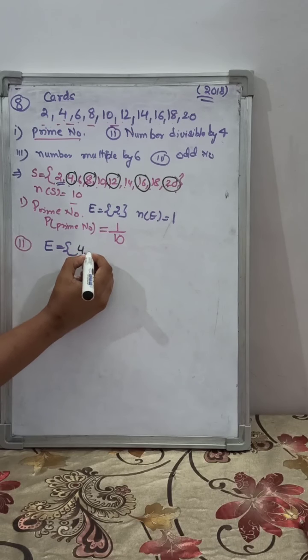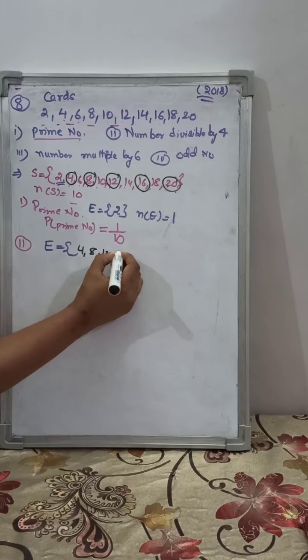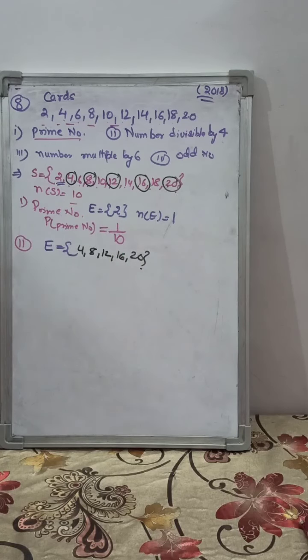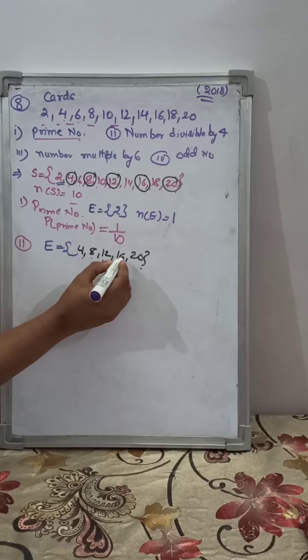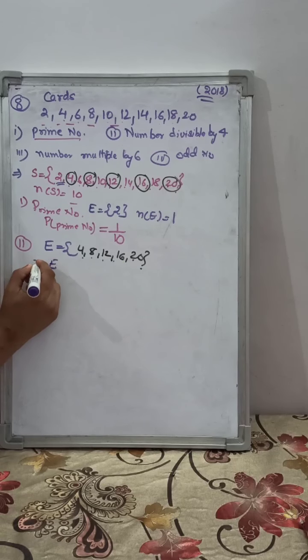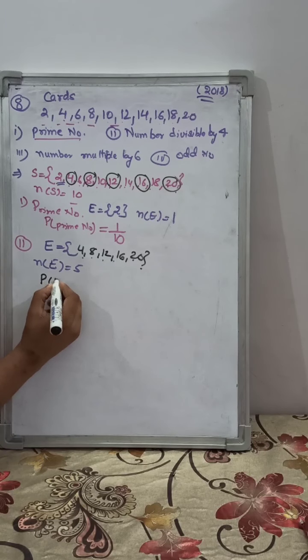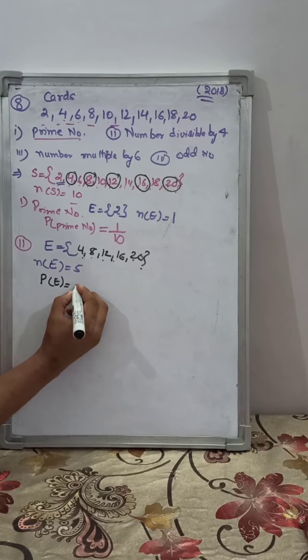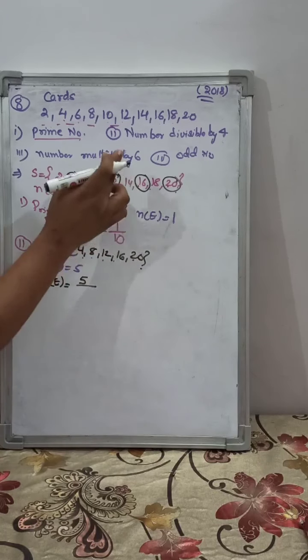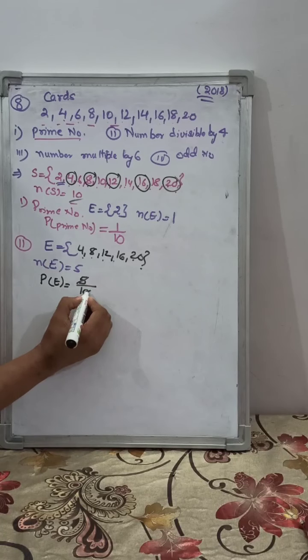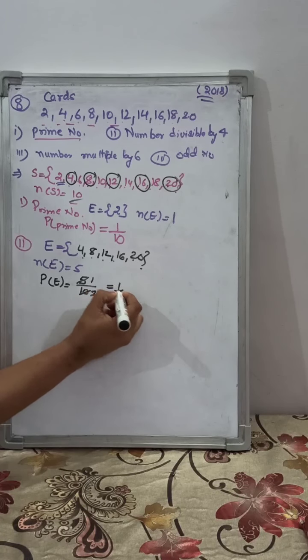So you will write down the elements in the event and now we will count them. So the total elements will be 1, 2, 3, 4, 5 in the event. So the probability will be: numbers divisible by 4 are 5 and total are 10. So 5 by 10, you cancel it with the table of 5, so it will be 1 by 2.